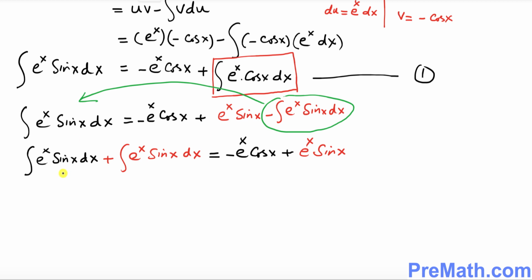Now let's simplify this thing. Do you see these quantities are the same? So this integral plus this integral is the same as 2 times the same integral of e power x sine of x dx, we just added them up, equal to, over here I can write the other way around. I can put e power x sine of x first: e power x sine of x minus e power x cosine of x.